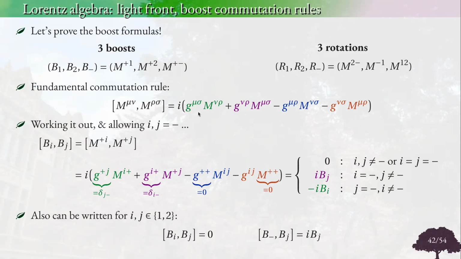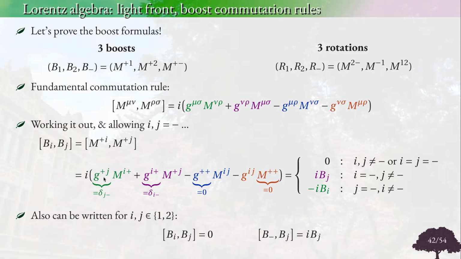We have our very general rule, if we allow i and j to not just be 1 and 2, but also minus, so we can get everything in one go. For our green term, the mnemonic is we have outer indices going into our metric, inner indices going into our generator. And for purple, it's reversed: inner for metric, outer for generator.